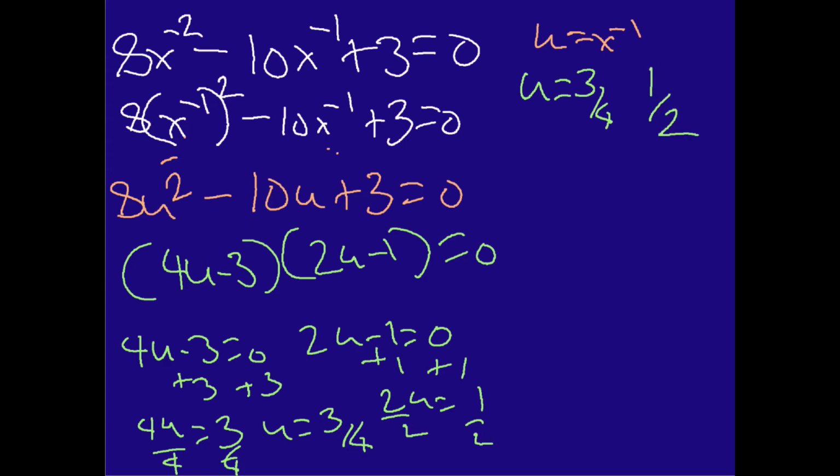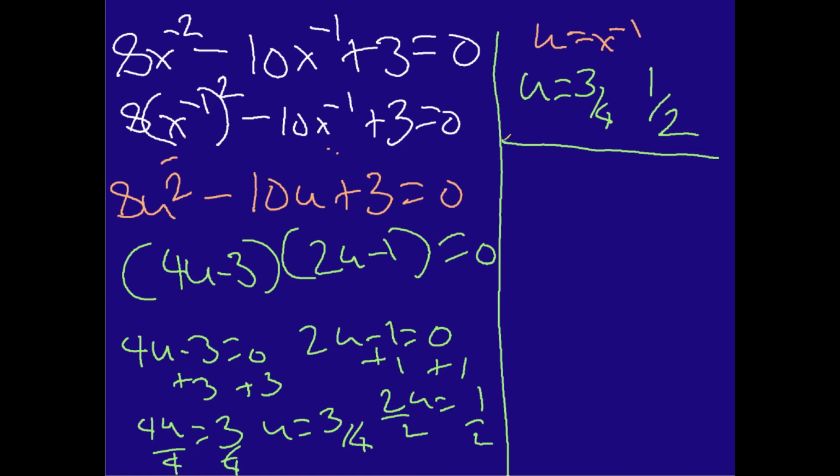Now, we're very, very close. All we've got to do now is substitute 3 over 4 for u, substitute 1 over 2 for u, and then solve for x to the negative 1. So let me go ahead and set up my space here, like so. And let me wrap up my solving here.